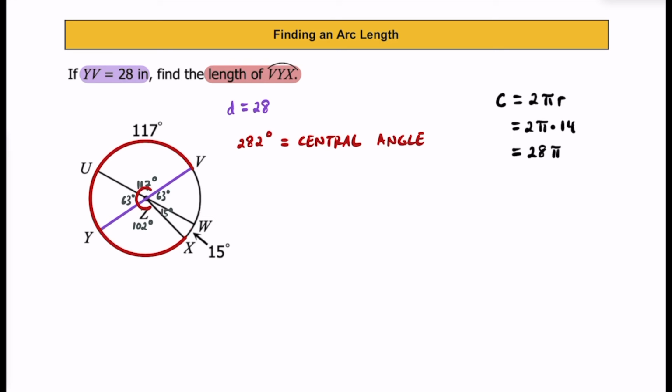Now, let's go ahead and set up our proportion. We do know that we have 282 degrees as our central angle out of the full circle of 360 degrees. And this ratio should be the same as the ratio that we have for our arc length over the entire circumference. So the entire circumference we know is 28 pi, so that's going to go on the bottom.